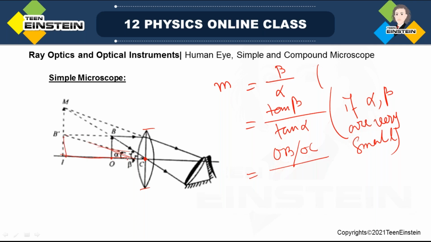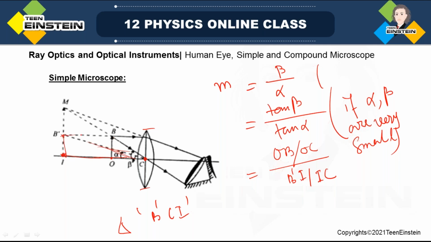From this triangle, CIB prime, we can write tan alpha as B prime I divided by IC. Now B prime I and OB are of the same height.